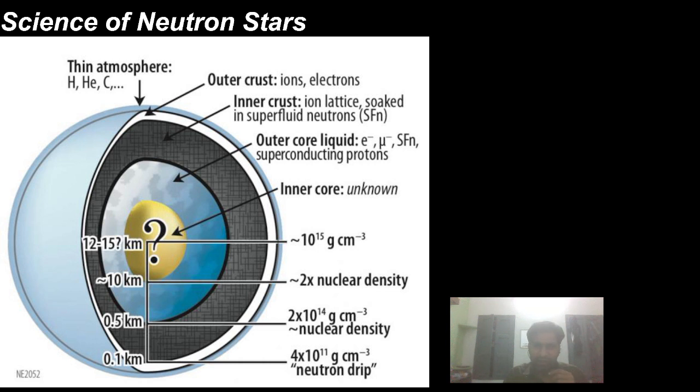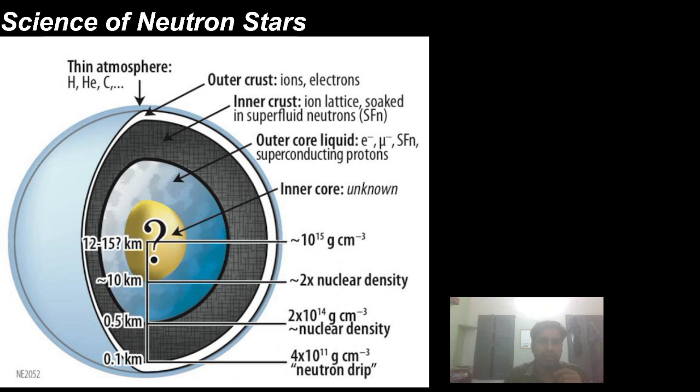The nature of the quark matter is still not clearly known yet. But there is some guess that in neutron star cores, whose density is so high, another type of state of matter may be formed. So this is basically the classification of the interior of a neutron star in terms of density.